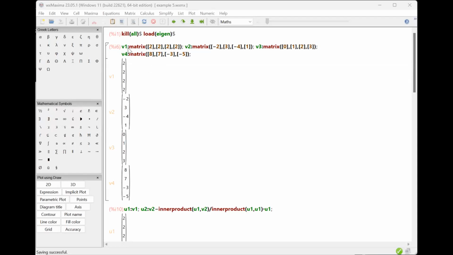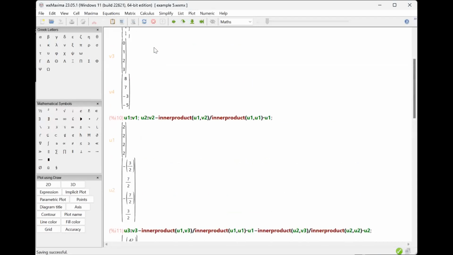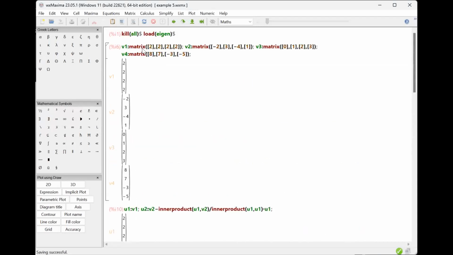Here I'm defining the four original vectors in our set S. This is just the notation for it. You have to define the matrix, and then you have a single element along this. This creates the 4x1 matrices, or vectors if you will, for V1, V2, V3, and V4, which you can see here. That's what it outputs. That's what we were looking for.